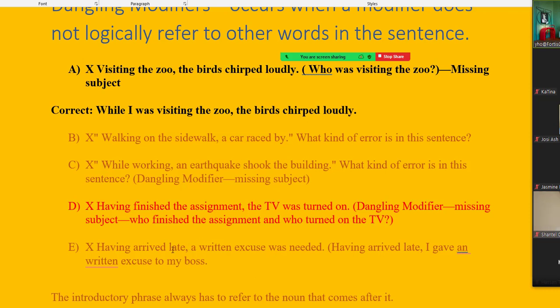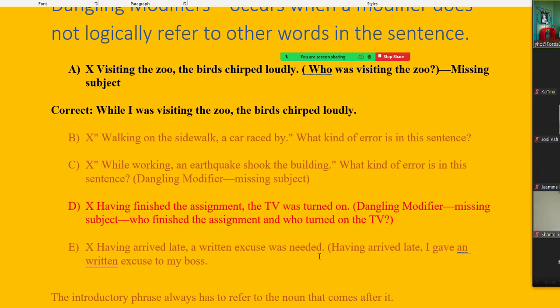Having arrived late, a written excuse was needed. So having arrived late, did your written excuse, a piece of paper, grow legs, drive to the school and arrive late to school? No. So that's also: after I arrived late, I gave a written excuse to the teacher, and that was needed. Or I gave a written excuse to my boss.